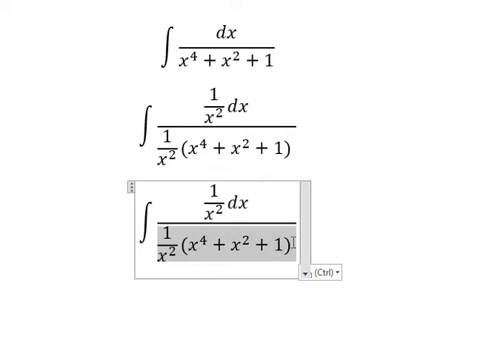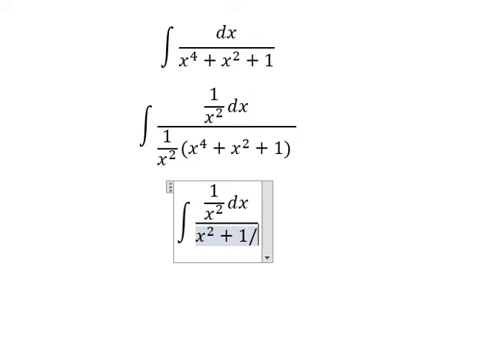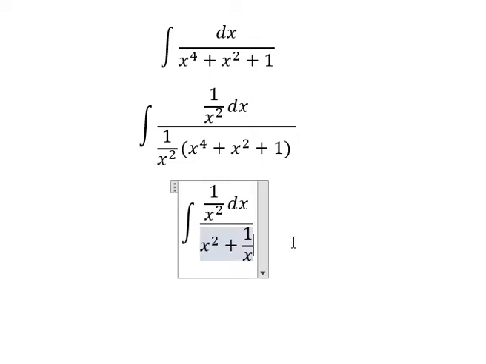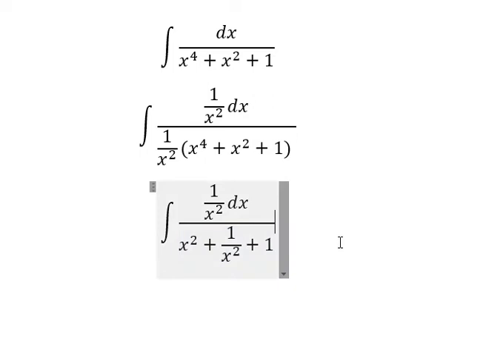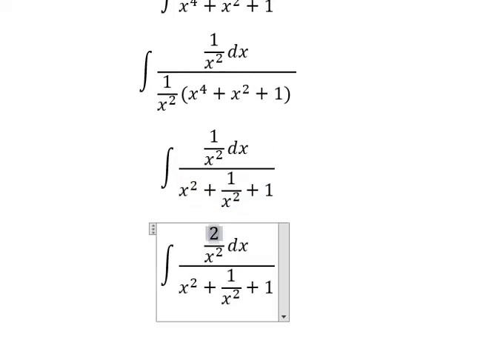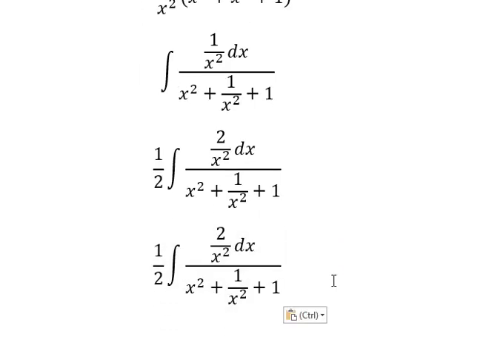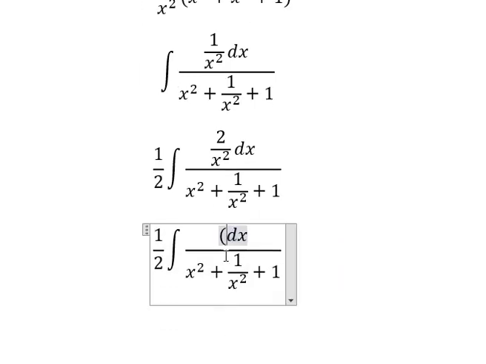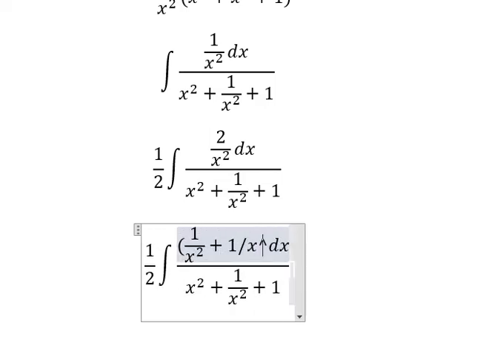This one we will change into s squared plus 1 over s squared. And we put number 1 in here. Next, I will put number 2 in here. That means we need to divide by 2. So this one I can write into 1 over s squared plus 1 over s squared.